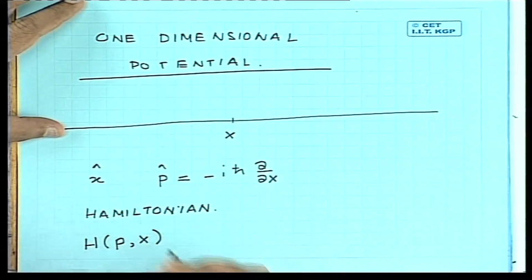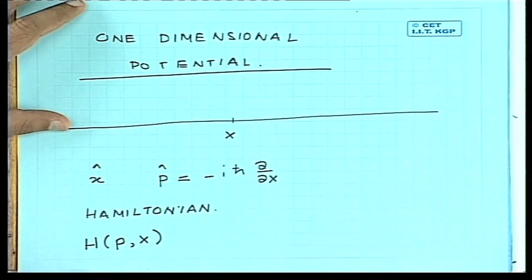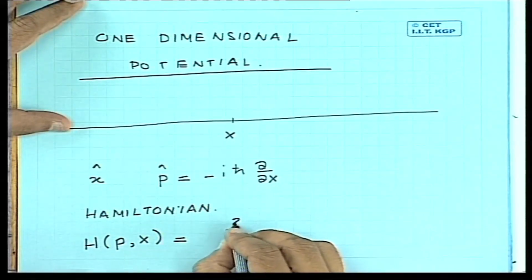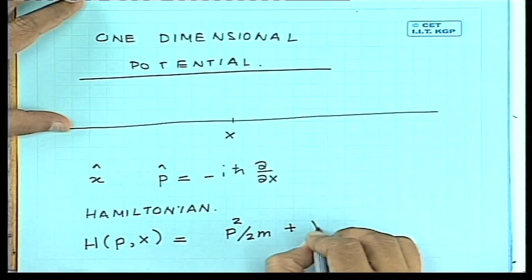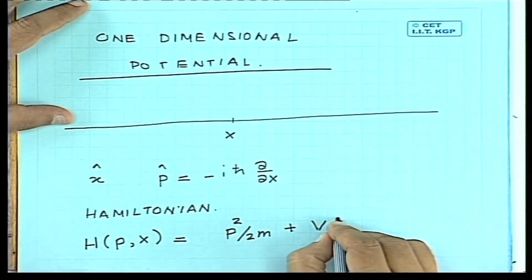So for a particle moving in one dimension, the Hamiltonian is equal to p square by 2m plus V, for a potential which is independent of time.